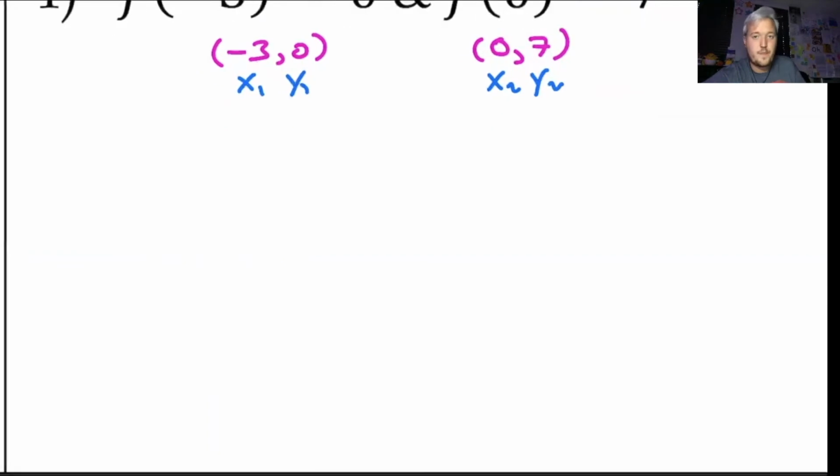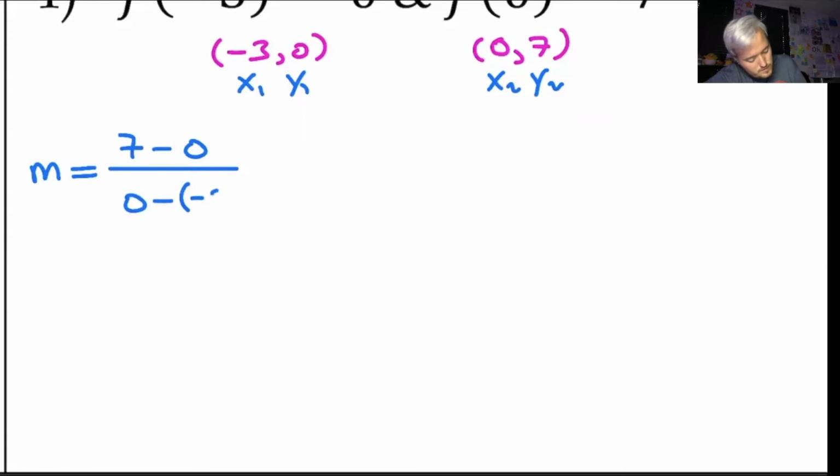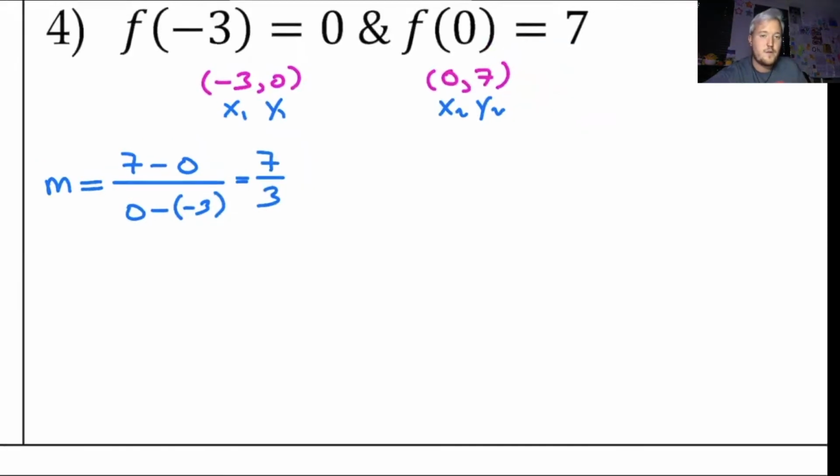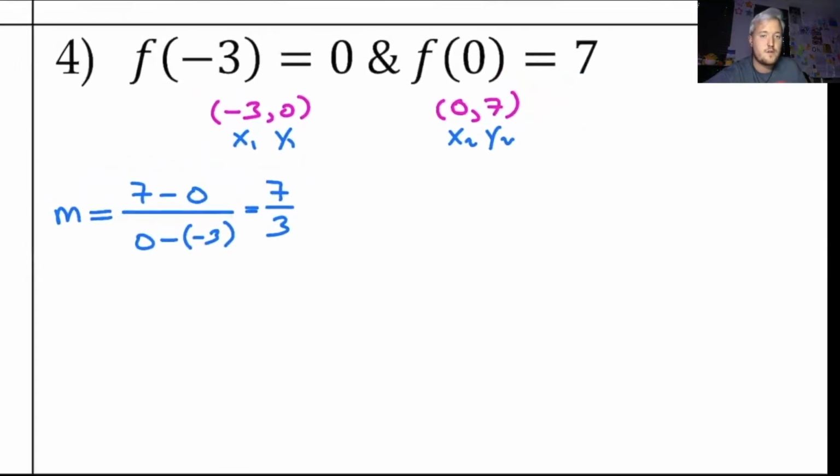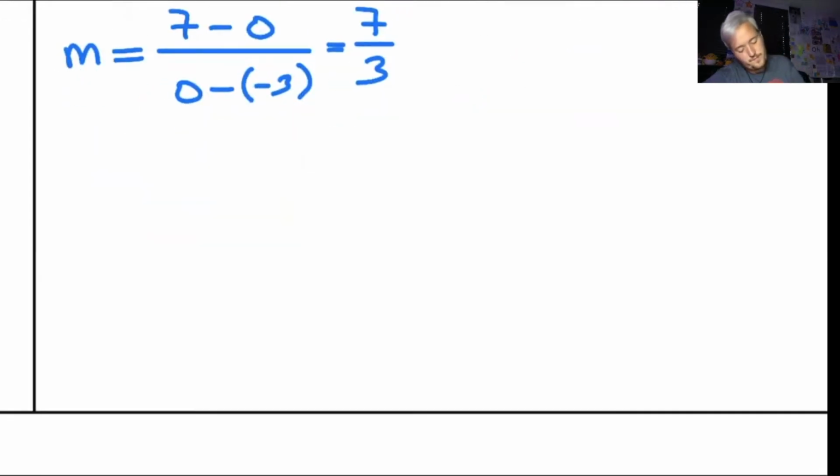Okay, so first thing, find the slope. So 7 minus 0 over 0 minus negative 3. So that's going to give you positive 7 over positive 3. All right, so now I'm going to use negative 3 comma 0.